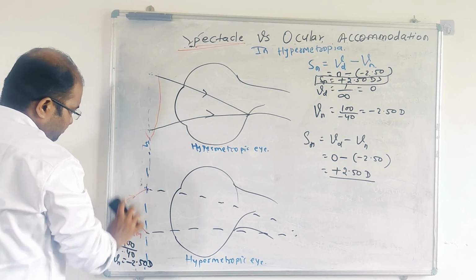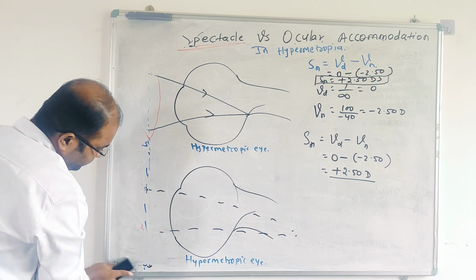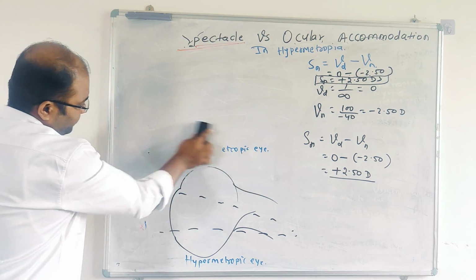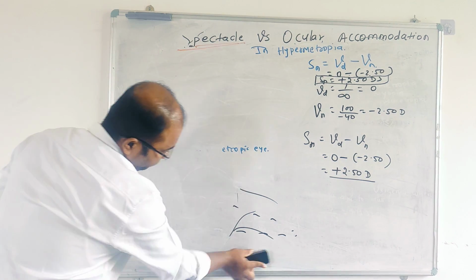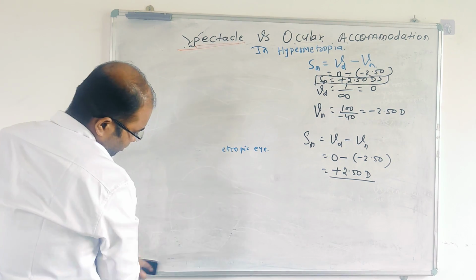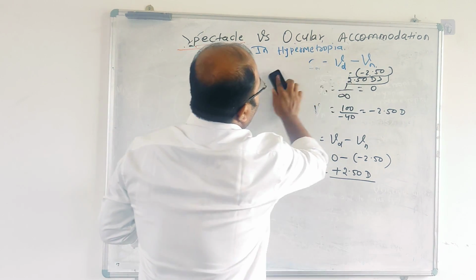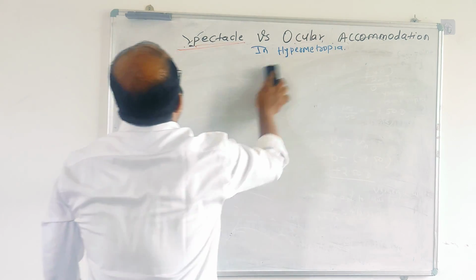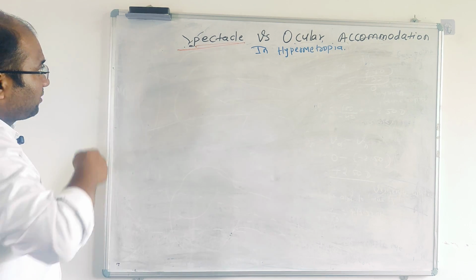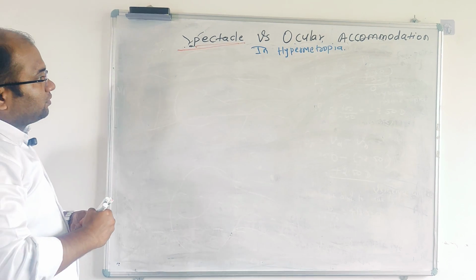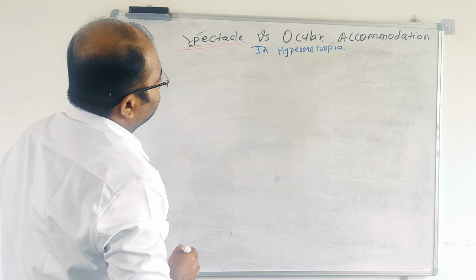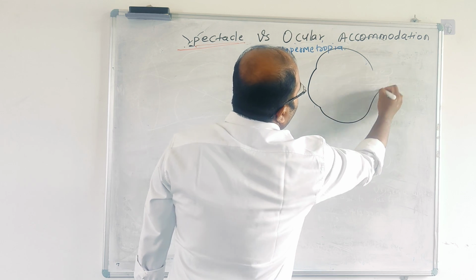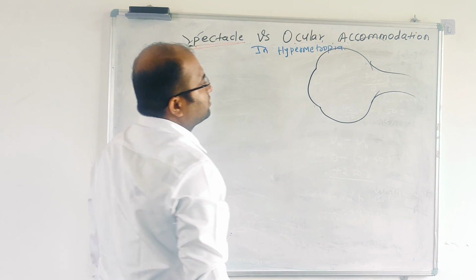So I'll erase this now, and we'll go forward to understand ocular accommodation in hypermetropia. So let's assume we have to make two eyes. One eye should be focused for distance and the other should focus for near.